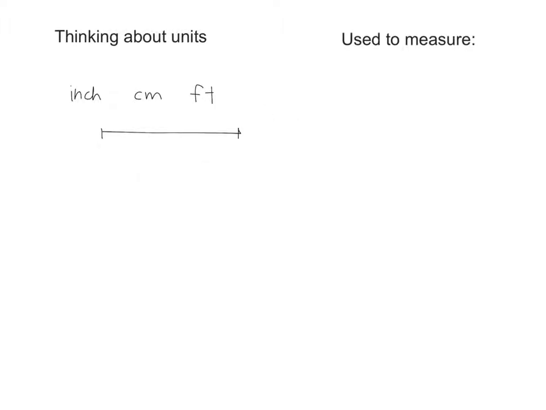So as we know, a regular unit, like 1 inch, or 1 centimeter, or 1 foot, is used to measure distance. Do you see how it just looks like a line? And only has 1 dimension, as Reagan mentioned. Now, what if we have a square inch, or a square centimeter, or a square foot? What is that used to measure?